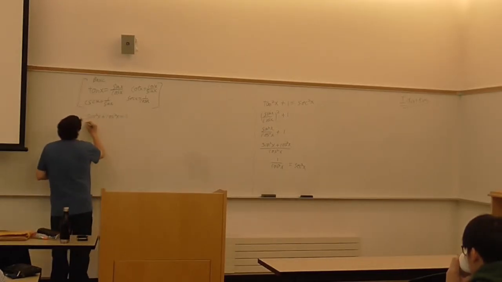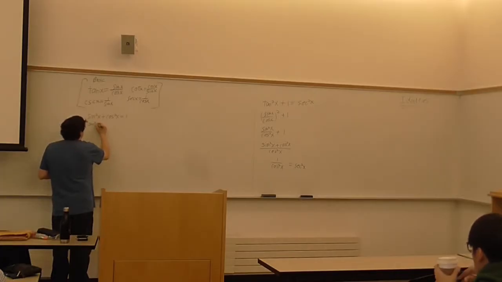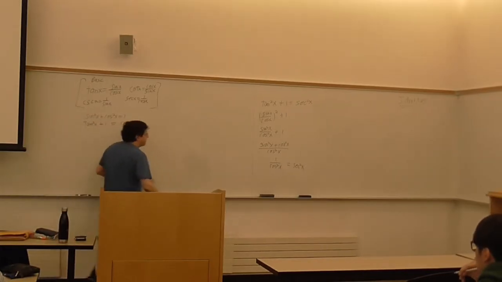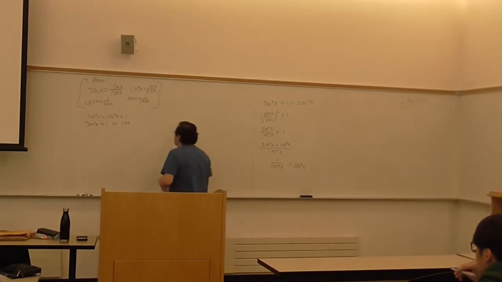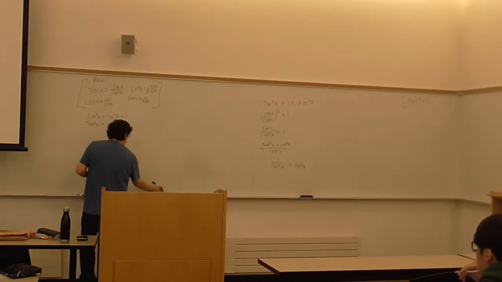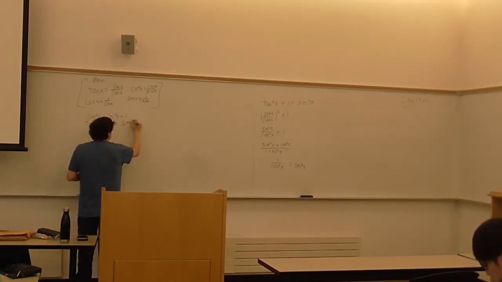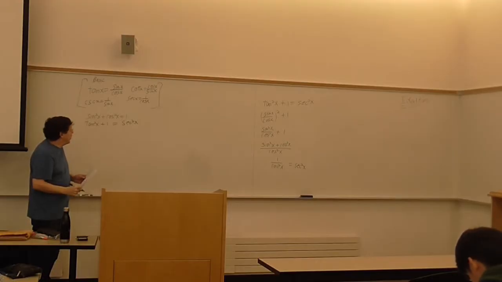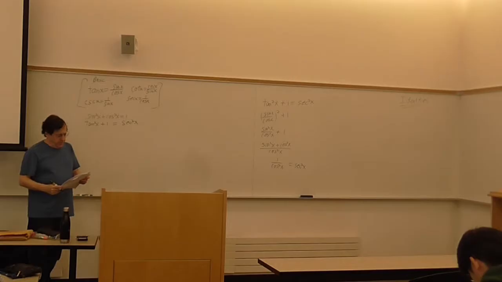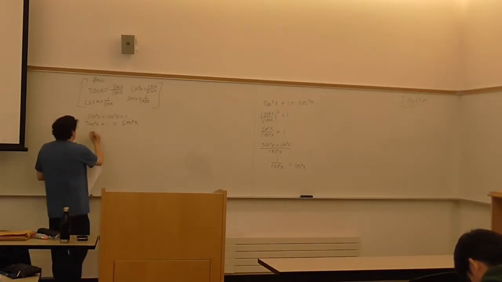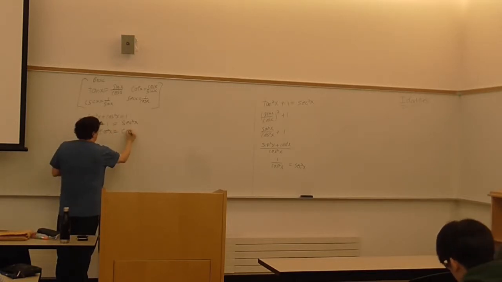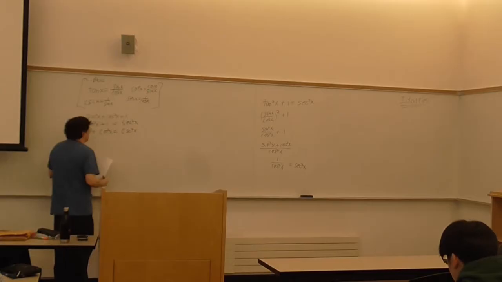This is tangent squared x plus 1 equals secant squared. In a similar vein, I can find that 1 plus cotangent squared x equals cosecant squared x.